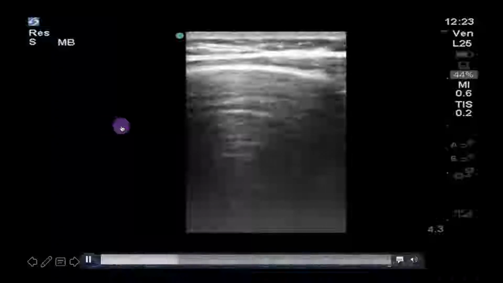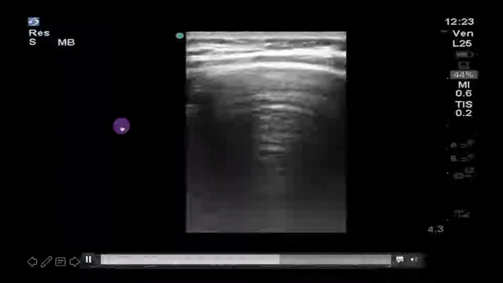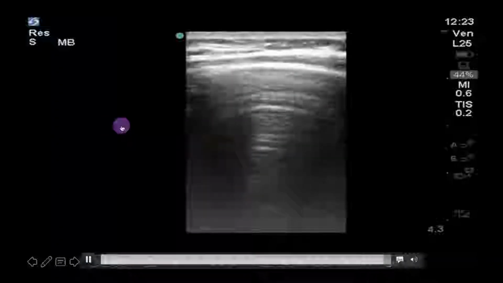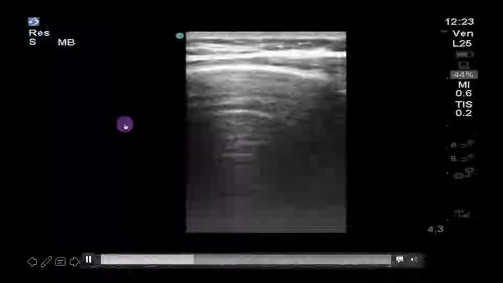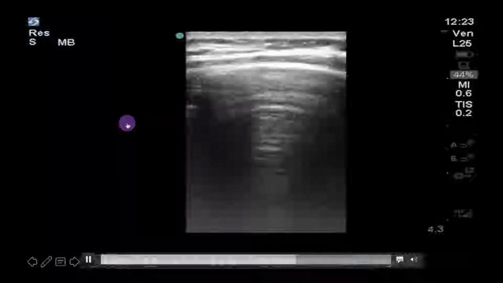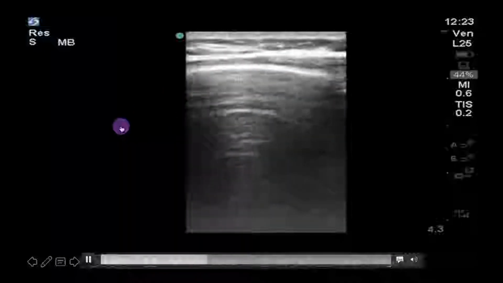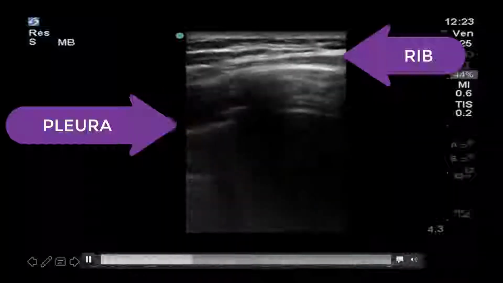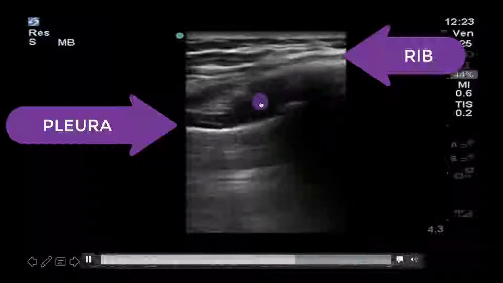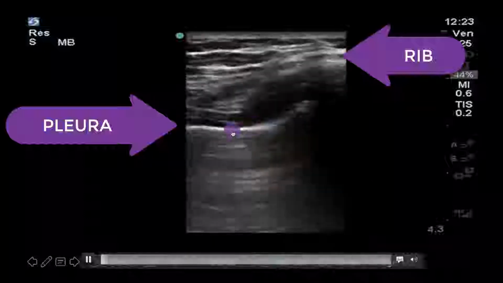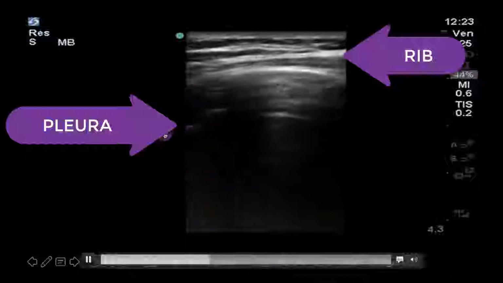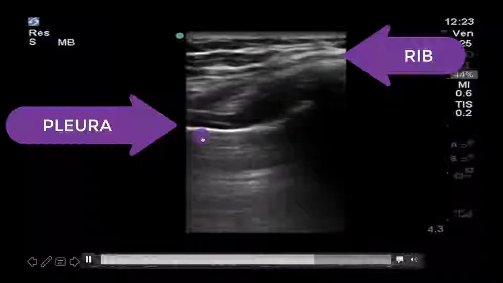It's important to see both ribs and the bat sign to not mistake another artifact as A-lines. As you can see here, it would be easy to say that this clip represents A-lines. However, by sliding the probe over a little, we can find the true pleura and see that what we were seeing was in fact reverberation artifact from the rib itself.